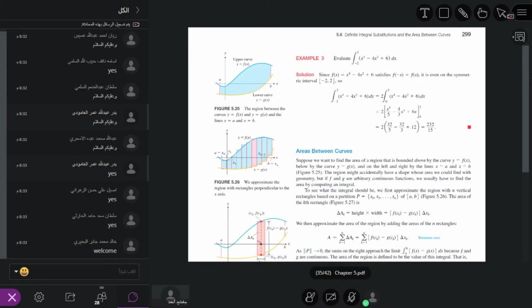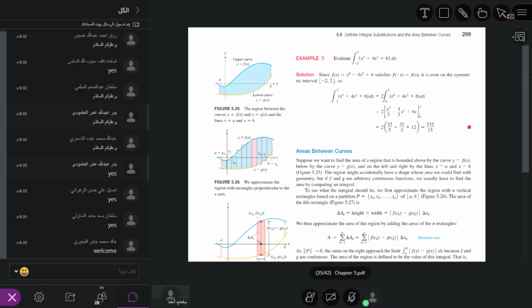So this is the rule: whichever function has greater values, we put it first, minus the second. Both functions are continuous, and the area is the integral from a to b of f of x minus g of x dx.